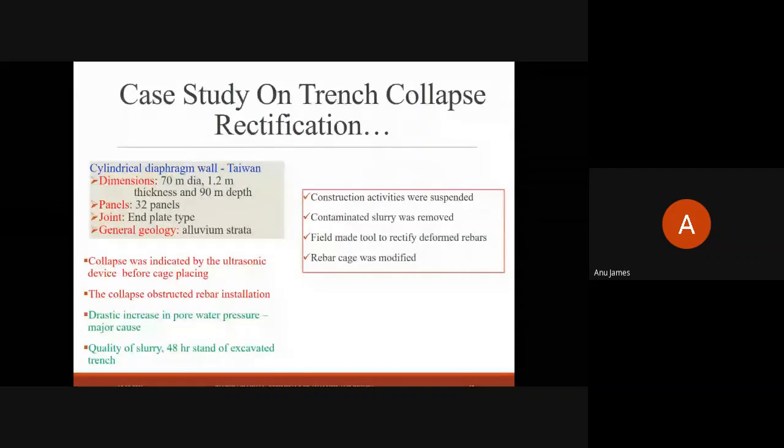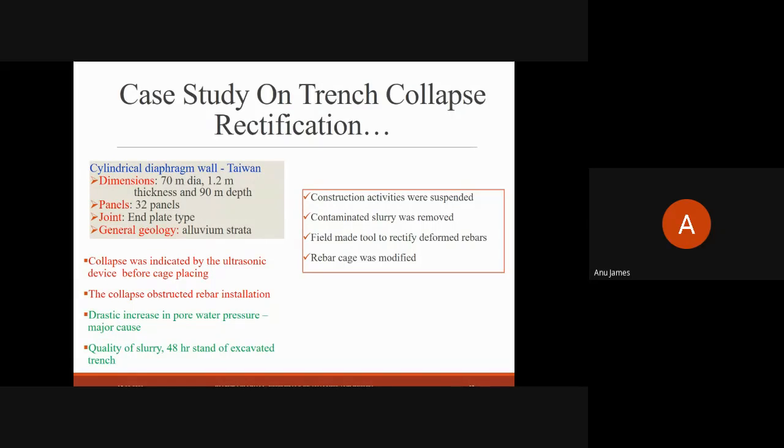But this collapse was detected by the ultrasonic sensing device before the trench entirely collapsed.